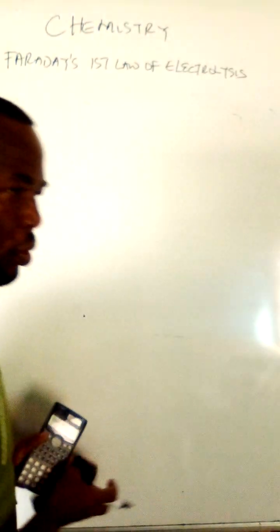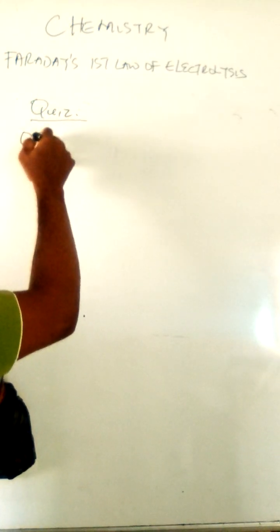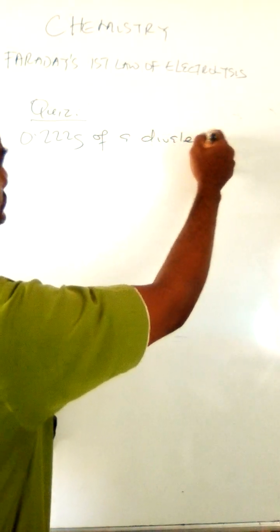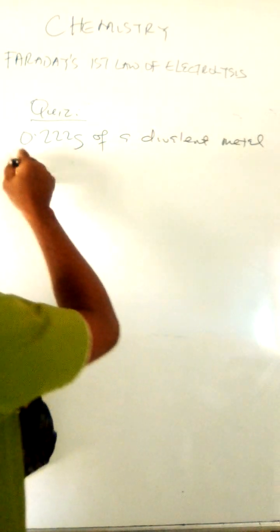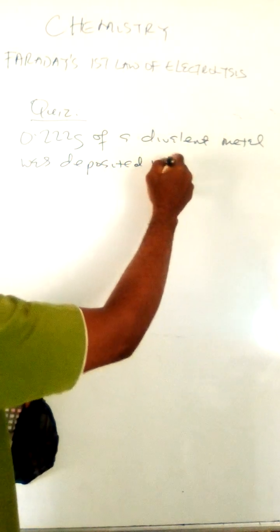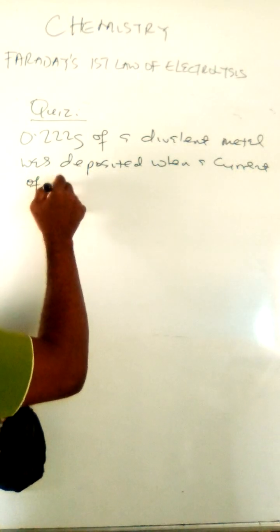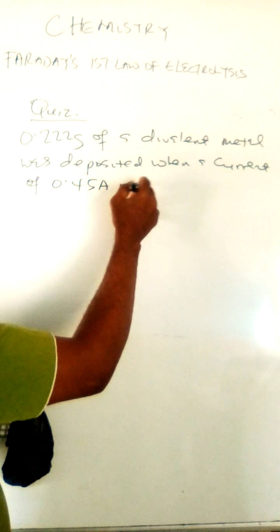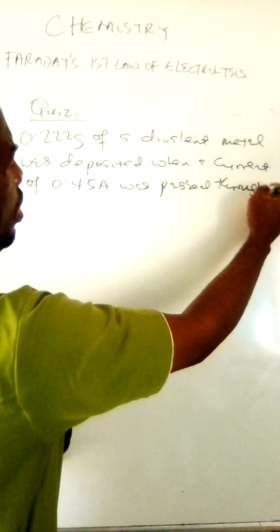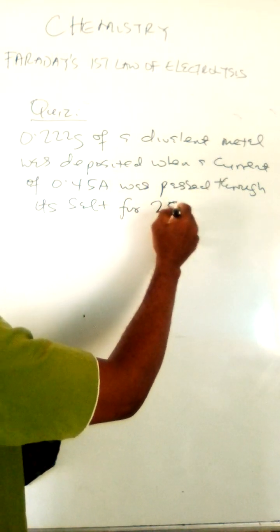The third example says 0.222 grams of a divalent metal was deposited when a current of 0.45 amperes was passed through its salt for 25 minutes.